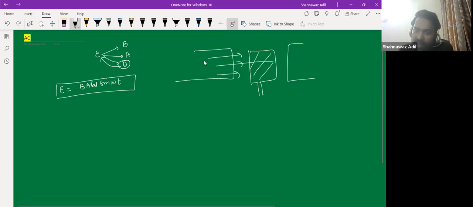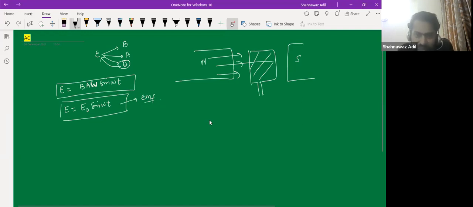So only this thing was rotated, and then we generated the EMF, which was like this, right? And then we write it simply as E naught sine omega t. So this kind of EMF we will be talking about in this chapter, right?